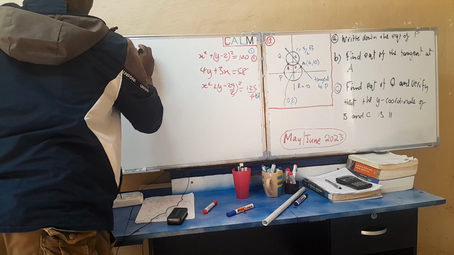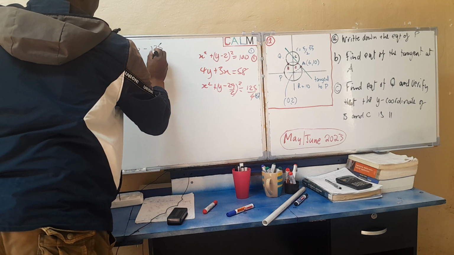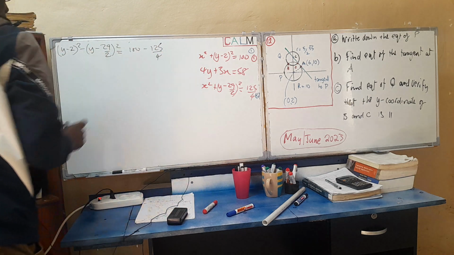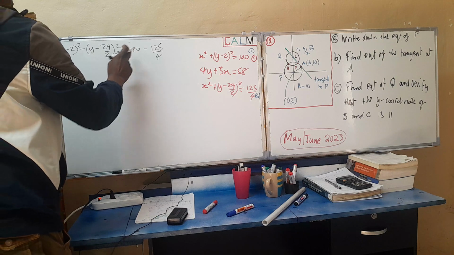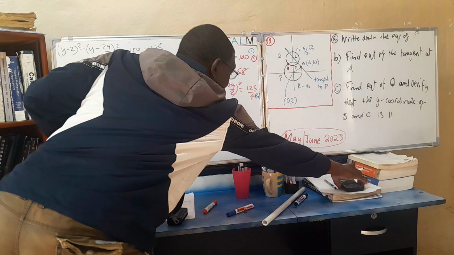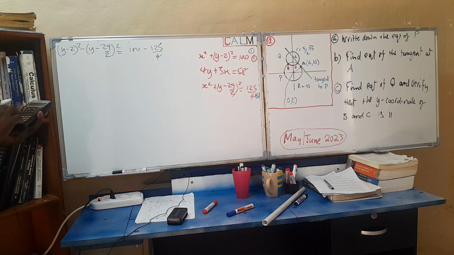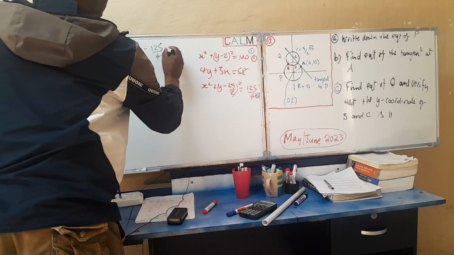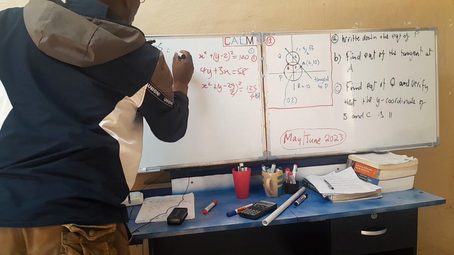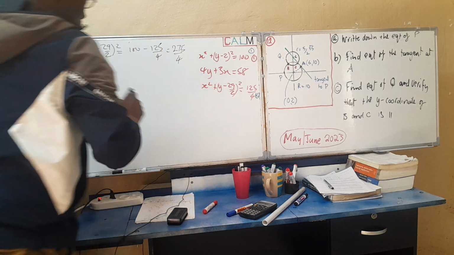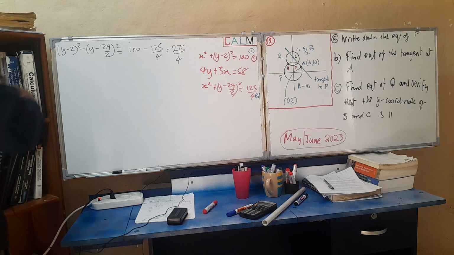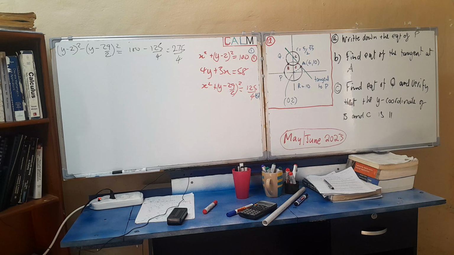The common denominator there would be 4 times 100, which is 400. 400 minus 125 is equal to 275 divided by 4. That's what I'm getting here.